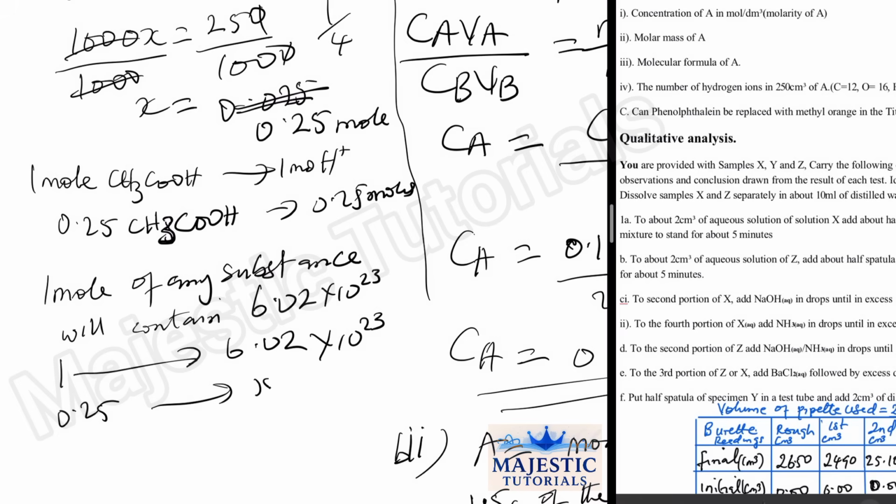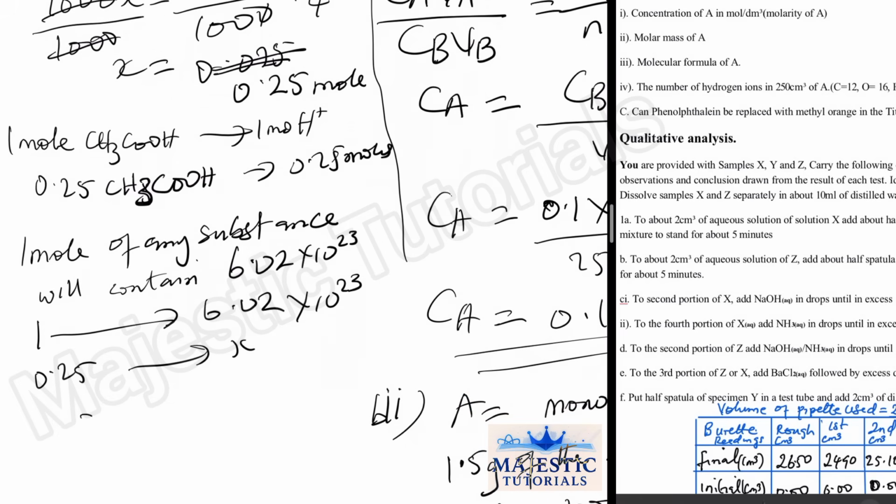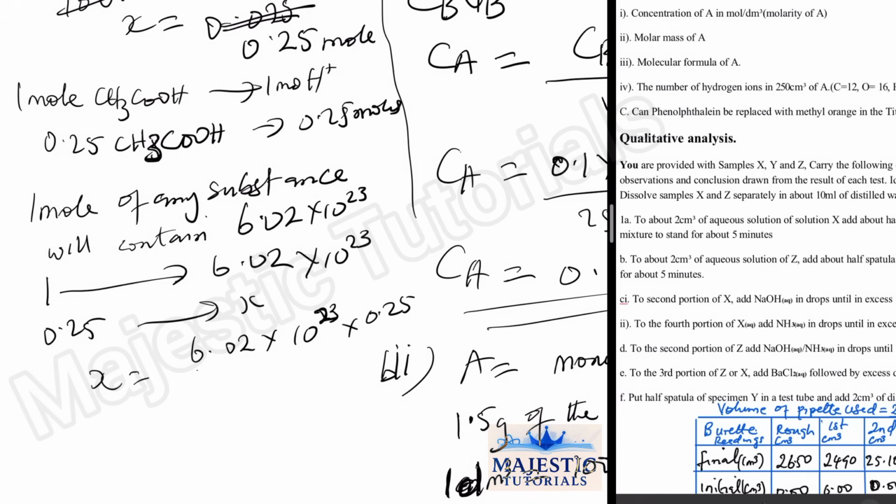0.25 will also contain X. So you use your calculator here and find out that X is equal to 6.02 times 10 raised to the power 23 times 0.25, which is you divide by half and divide by half again, you divide by 4. You just divide this by 4, and 6 divided by 4 should be 1.5, if I'm not mistaken.